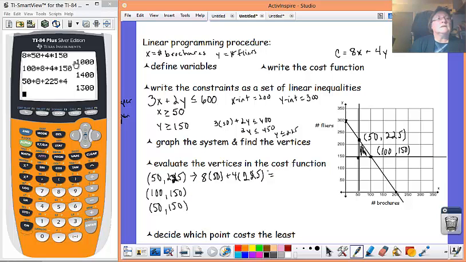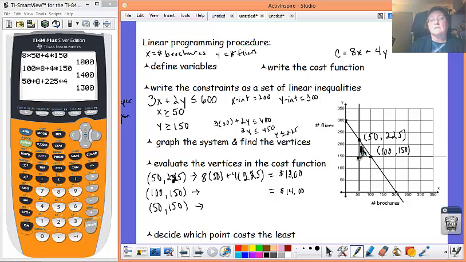That one is 1,300 pennies, but that's really $13. 100 and 150 is right here, and you can see substituting those into our cost function, that one comes out to be $14.